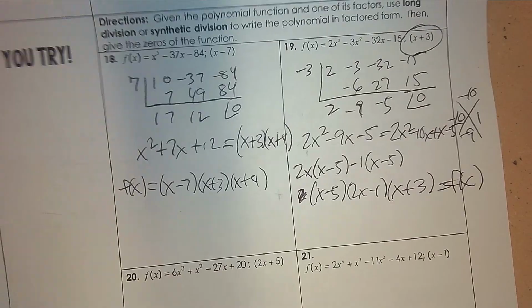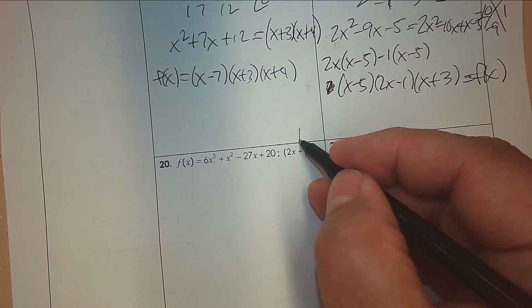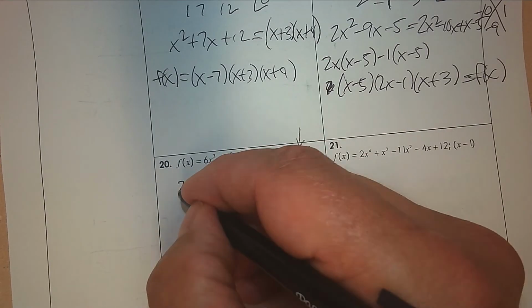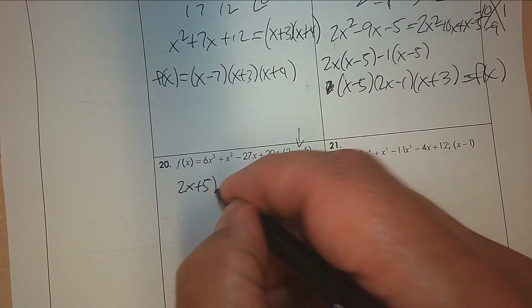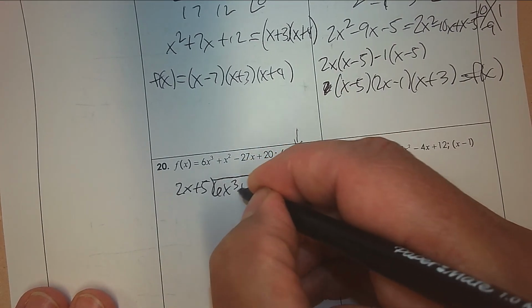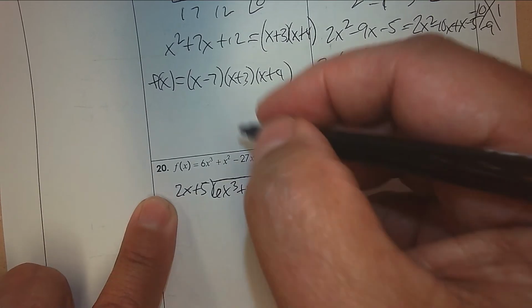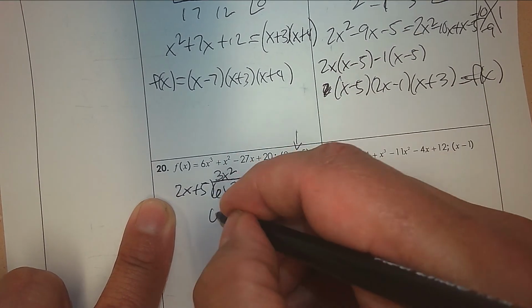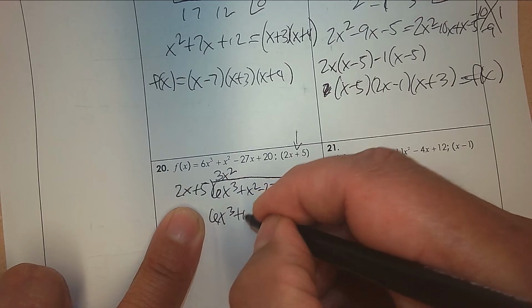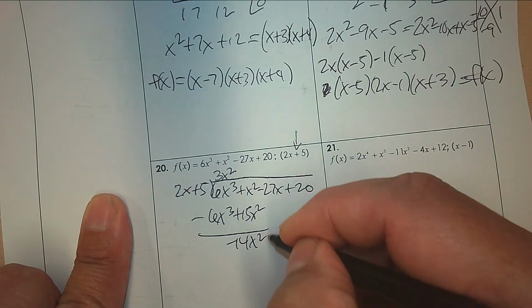All right, two more. So 2x plus 5, I cannot use synthetic division. So I have to use long division because it's not a simple linear. So 6 divided by 2 is 3x squared, and then multiply, subtract, bring down the next one.